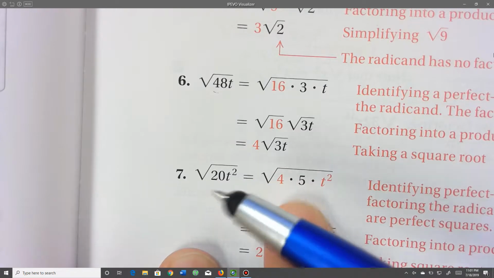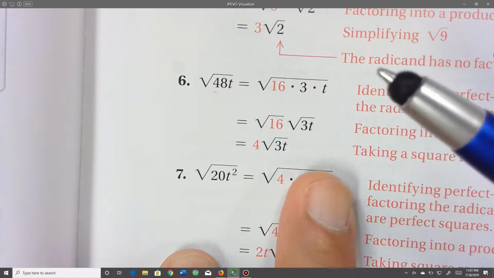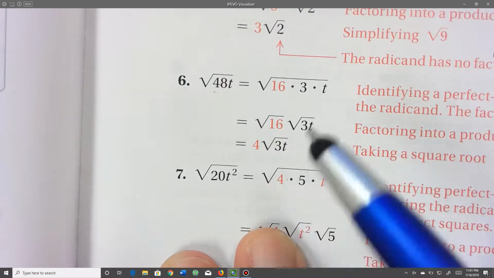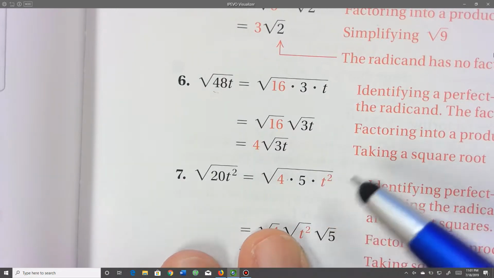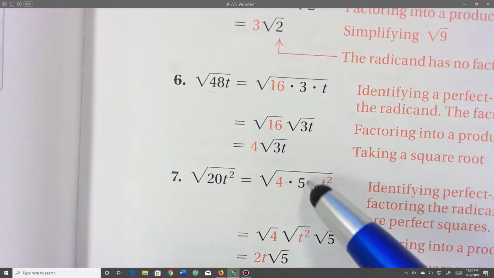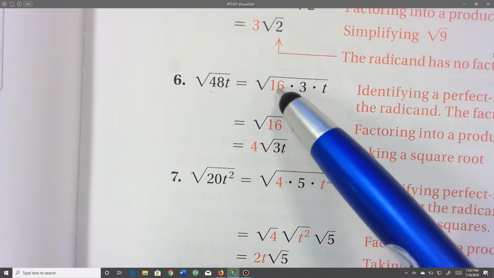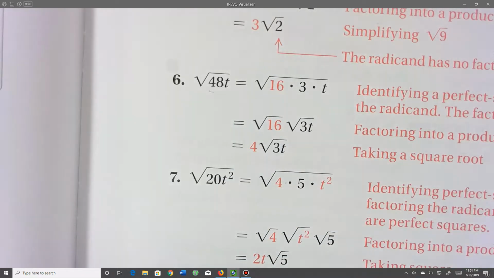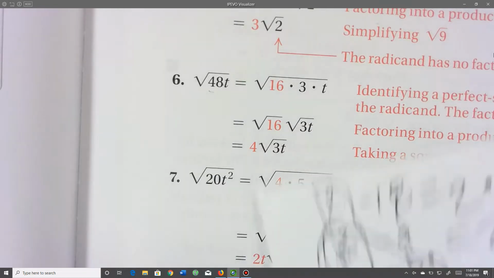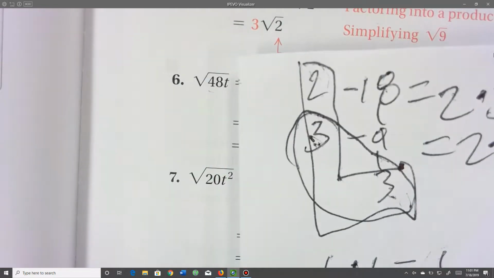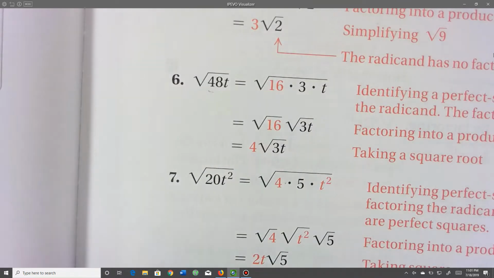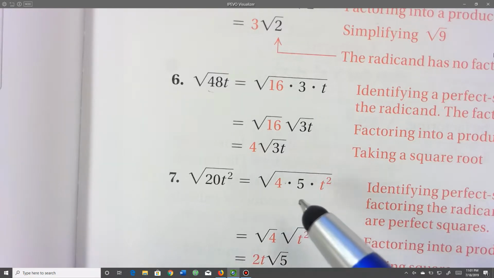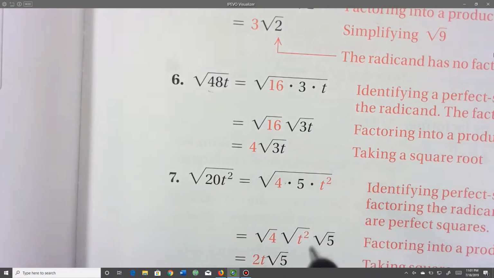Maybe I would struggle with this one too, if I didn't know 4 is a perfect square and is a factor of 20. But again, if you can tell that these values have perfect squares in them as factors, go ahead and find all the factors by using the method of prime factorization, and then group in twos, and those are going to be your perfect squares.